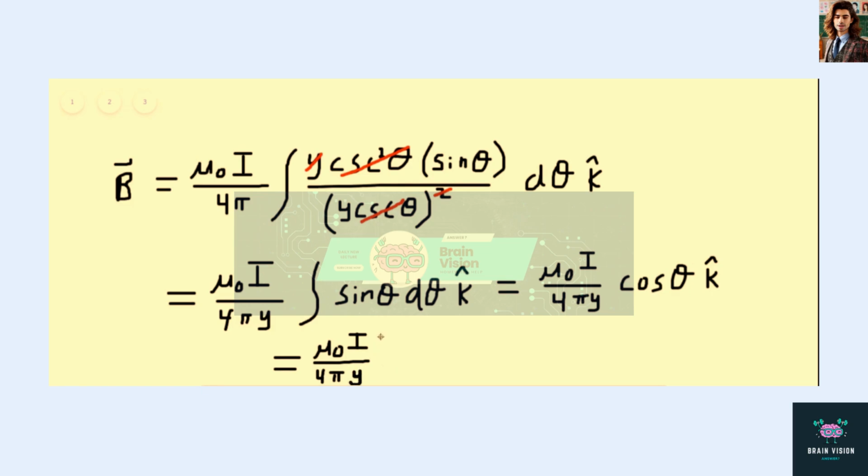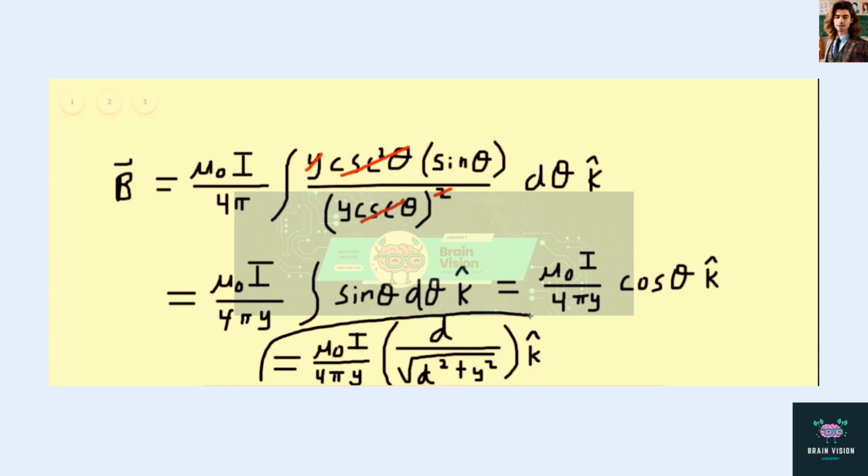And in the extreme limit, cosine theta becomes the distance d divided by the square root of d squared plus y squared. Still in the k-hat direction. So you can box that in here as our solution for part B.